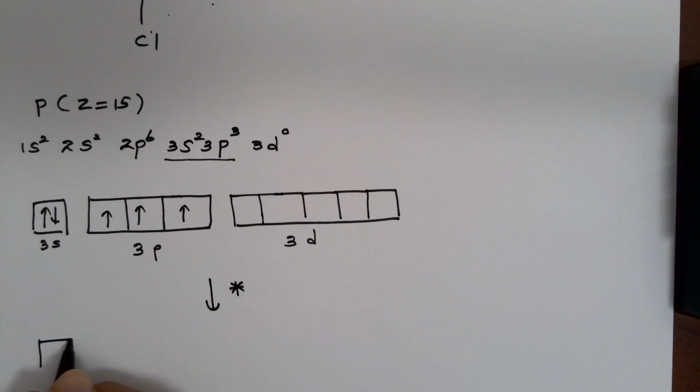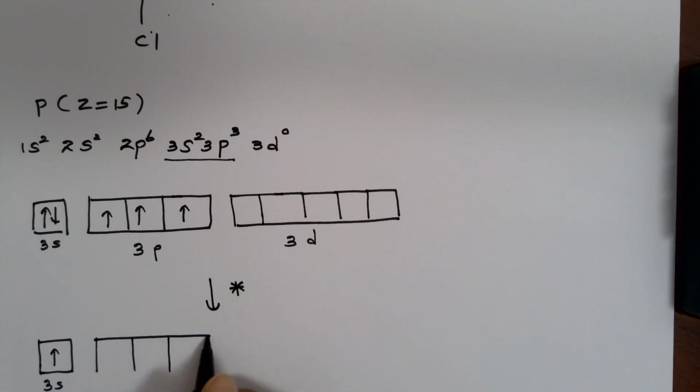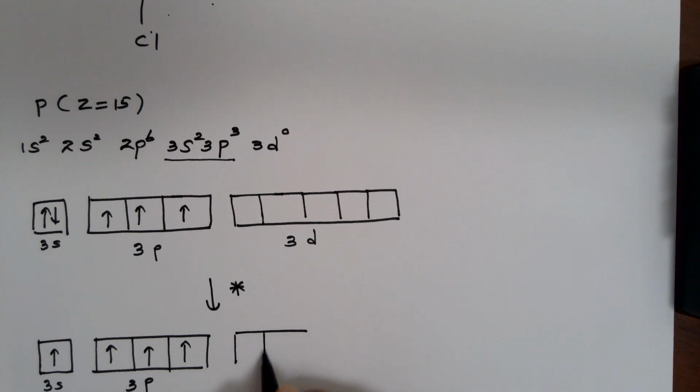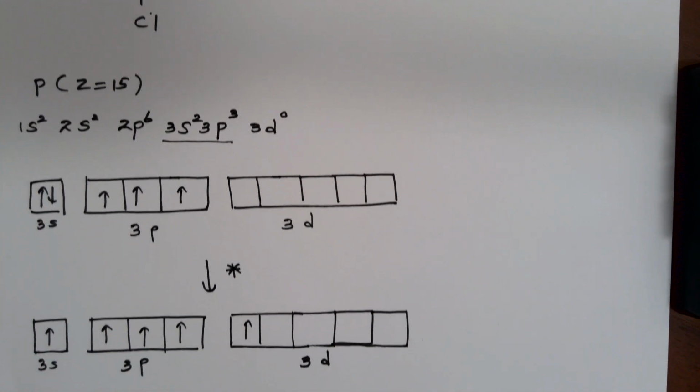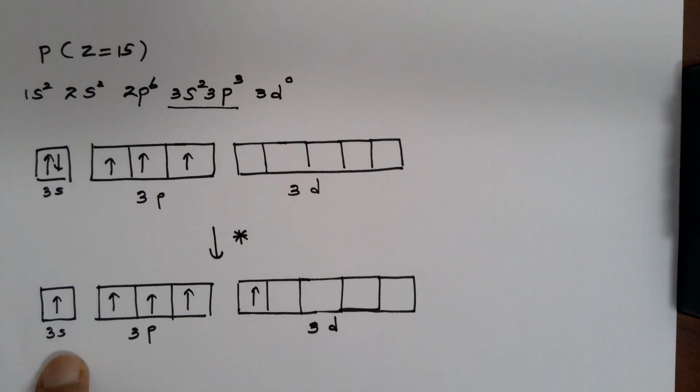After promotion, the 3s has 1 single electron, there is 1 electron in each 3p orbital, and 1 electron in the d level. All the other d orbitals are empty. This is 3d after promotion. So after promotion we can see clearly 3s, 3 p's and 1 d.